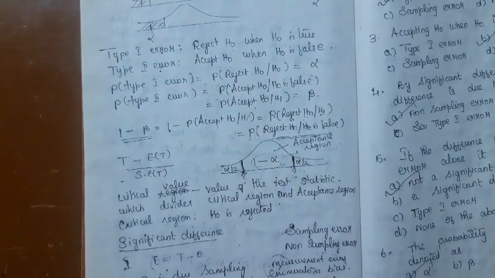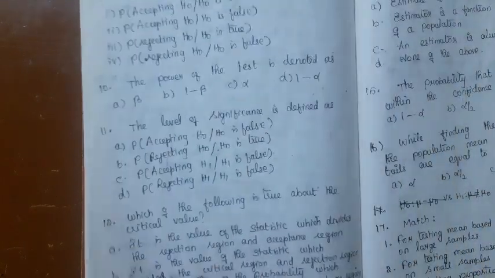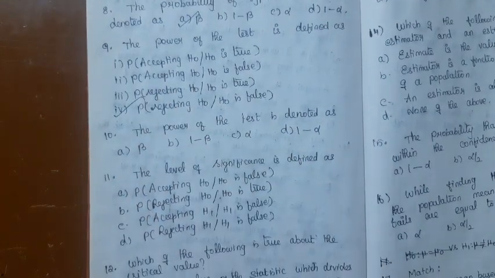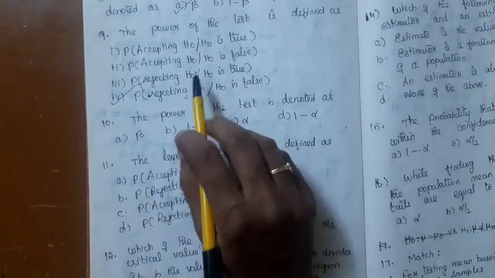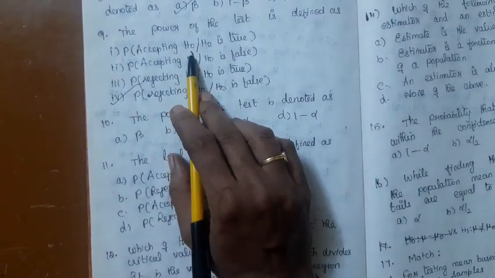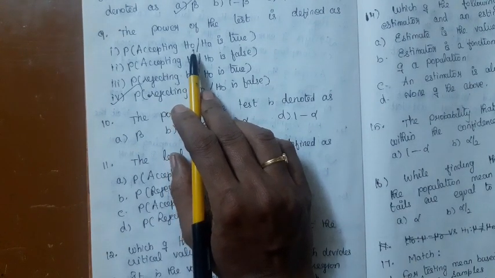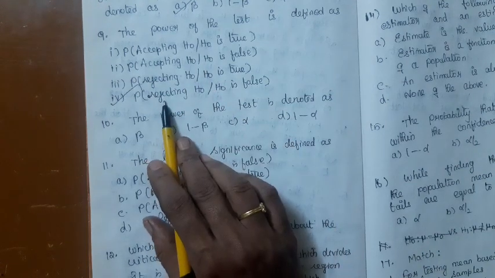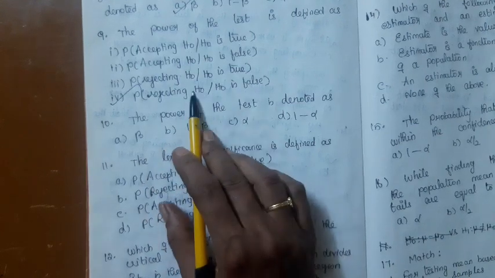So rejecting H0 when H0 is false is the power of the test. Actually, accepting H0 when H0 is true is also a correct decision, but 1 minus beta is rejecting H0 when H0 is false.